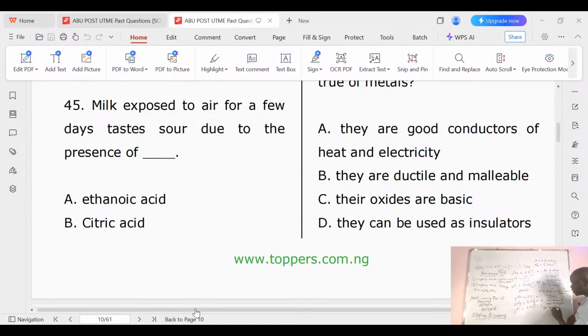And we have types of oxide. One, acidic oxides. Number two, basic oxides. Number three, amphoteric oxides. And number four, neutral oxides.